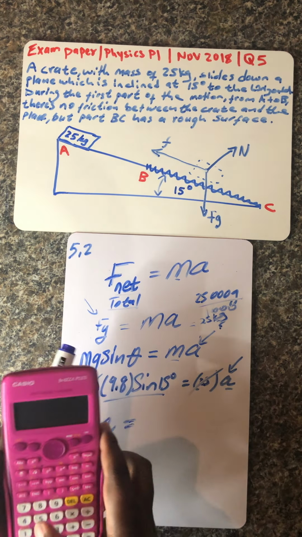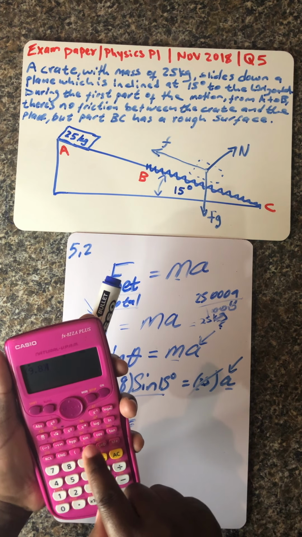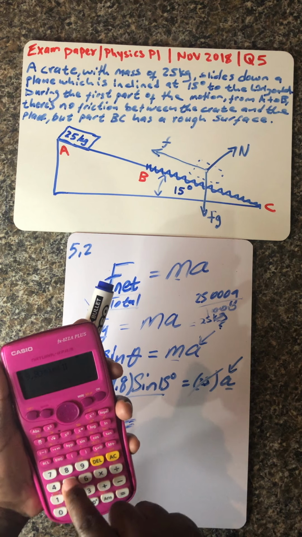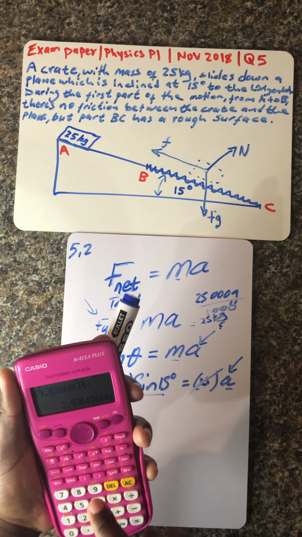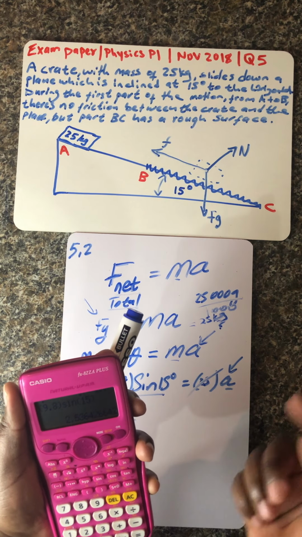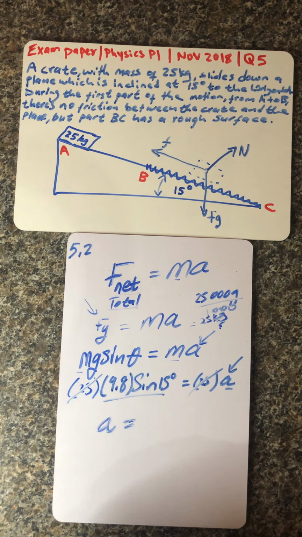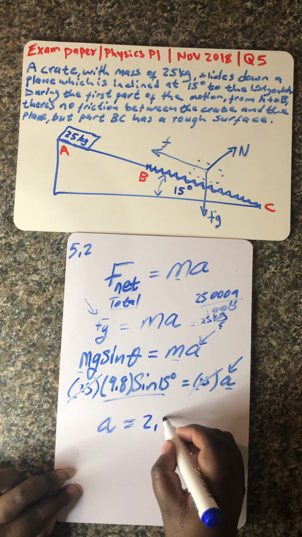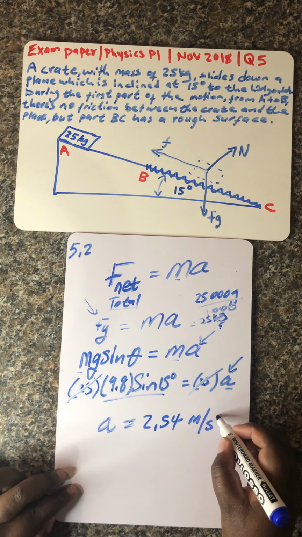I'm just going to pull out my calculator, then open bracket 9.8, close, sine angle, which is 15, equals 2.5, and then I'm going to round it to 2 decimal places, then it becomes 2.54. Very much important, the SI unit.